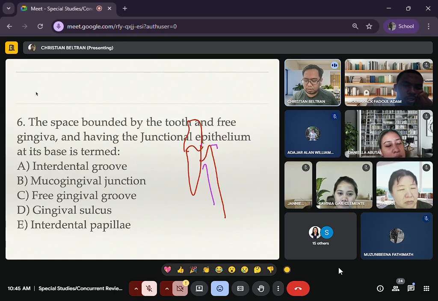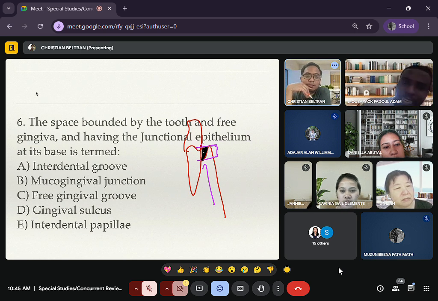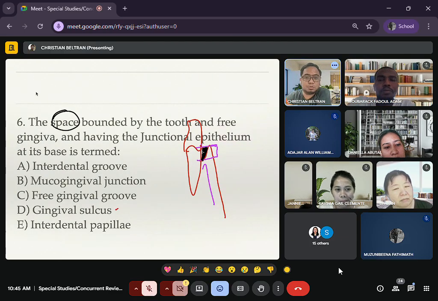This is the free gingiva. What do you call this space? D, gingival sulcus. Since we're talking about the space, that is your gingival sulcus.